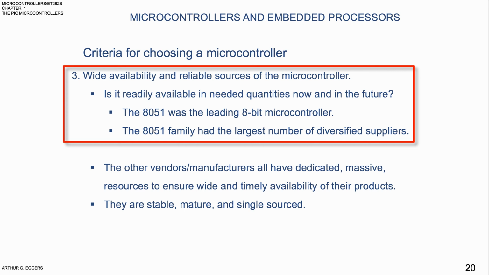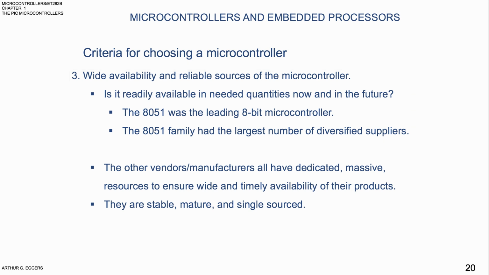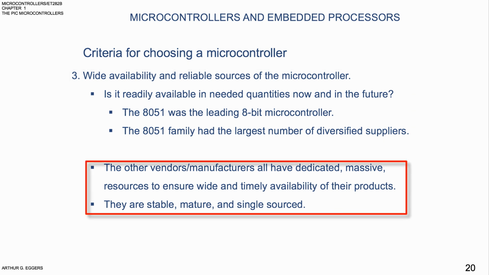Again, it's a trade-off. The 8051, which is another controller, was the leading 8-bit controller. The 8051 family had the largest number of diversified suppliers. So you need to look at other vendors and manufacturers that have dedicated massive resources to ensure wide and timely availability of their products. There's nothing worse than getting into the middle of a product that you're building and using a vendor or a supplier that's fixing to run out because they're not going to manufacture your product anymore.